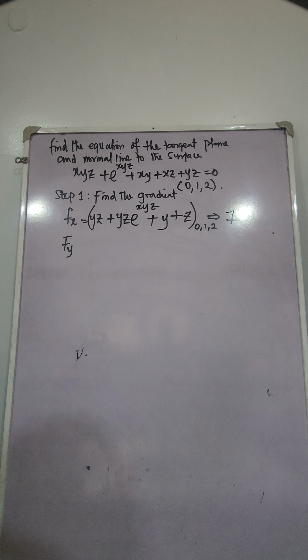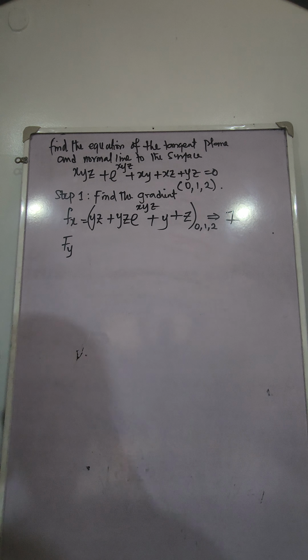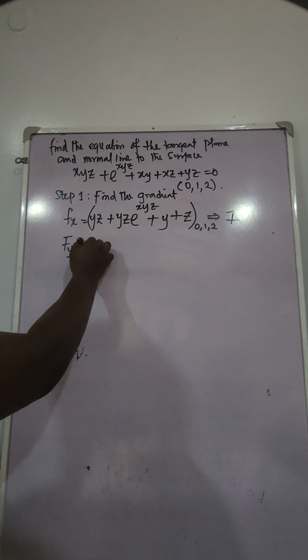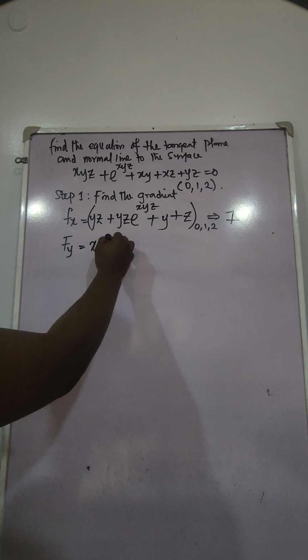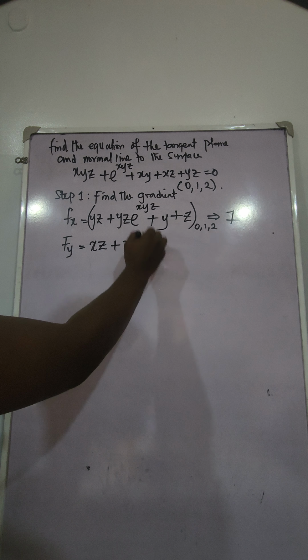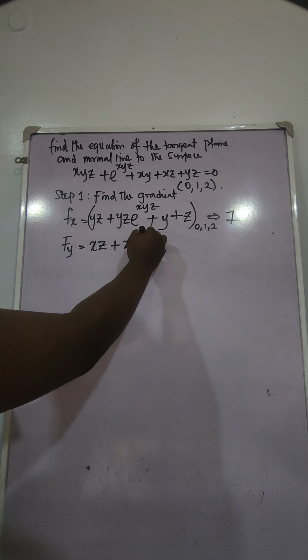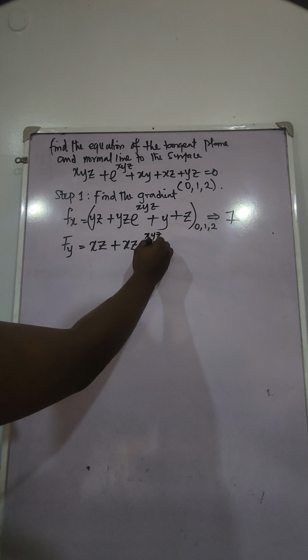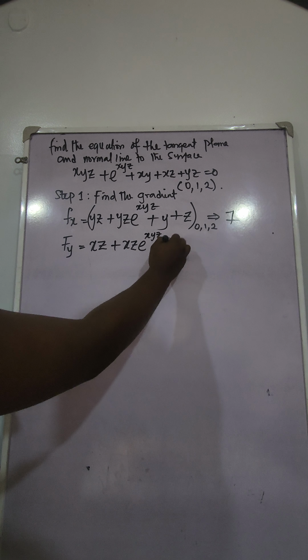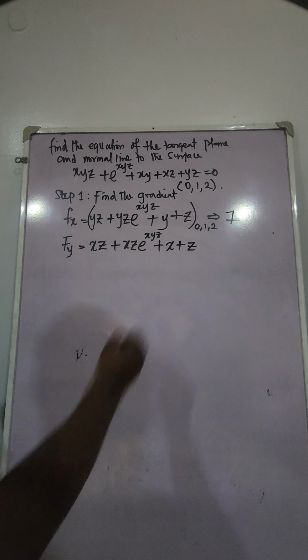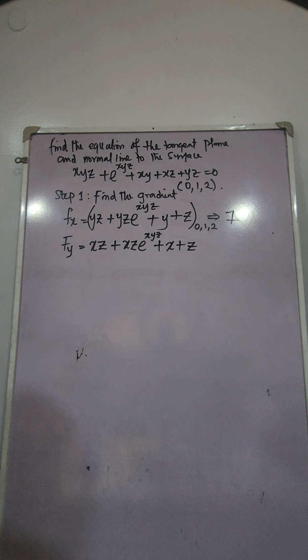Now, if we go to f of y, let's differentiate with respect to y. Using the previous illustration, what you will be having is xz plus xz e to the power of xyz, plus x plus z. Now, at the point (0, 1, 2), that will give us 2.